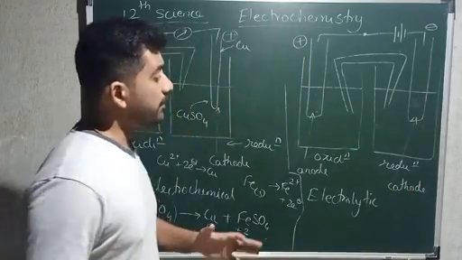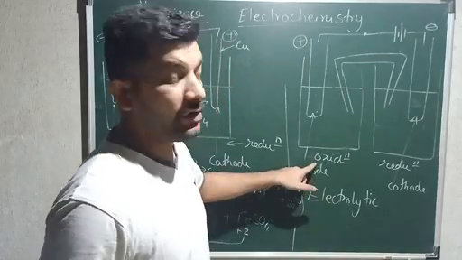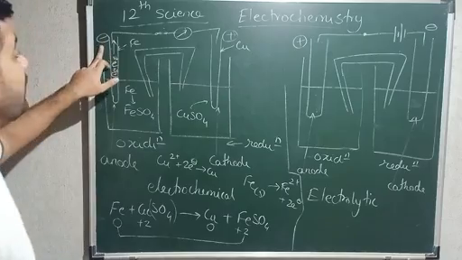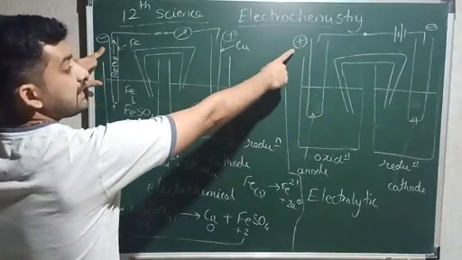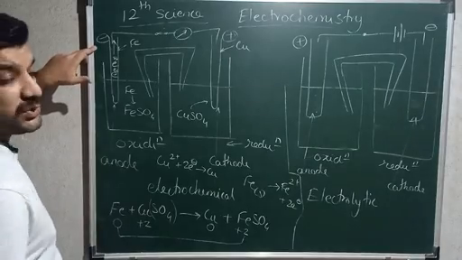The point is, as we are having a battery over here, anode will always undergo oxidation, but here in an electrolytic cell it will have positive charge. In electrolytic cell anode has positive charge, in electrochemical cell anode has negative charge.